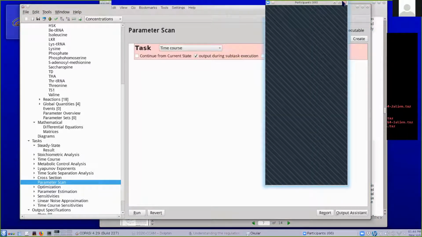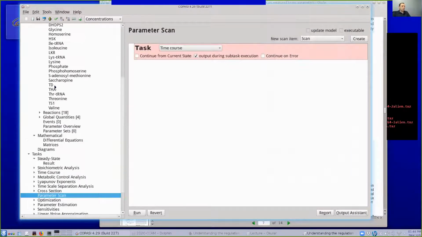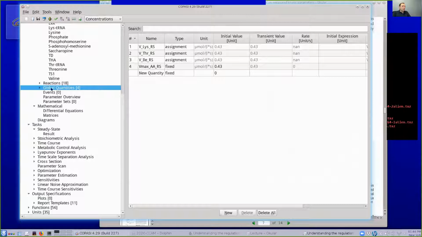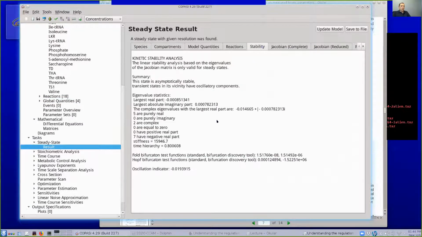I have a question. I was wondering, what's that kind of oscillation number? The oscillation, let me get back to that. It says that there are probably some oscillations around the steady state. And that comes from the fact that there are complex eigenvalues.